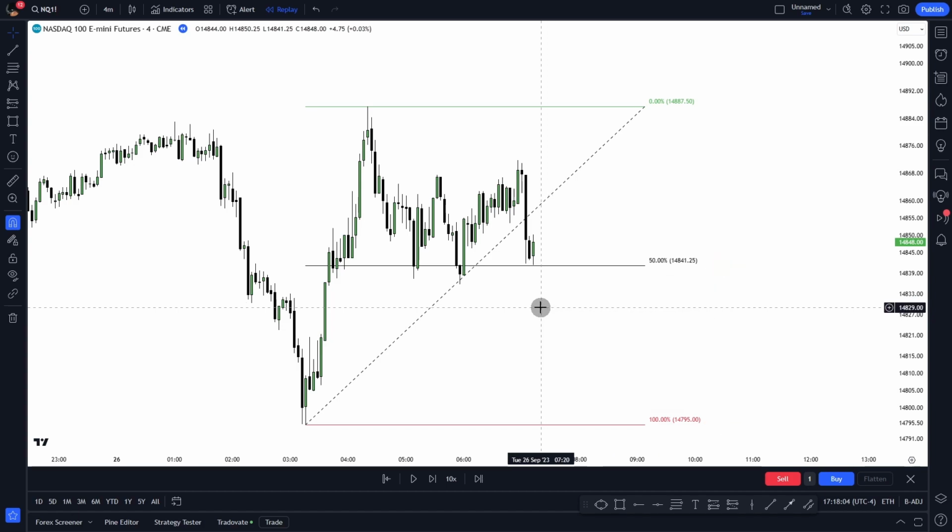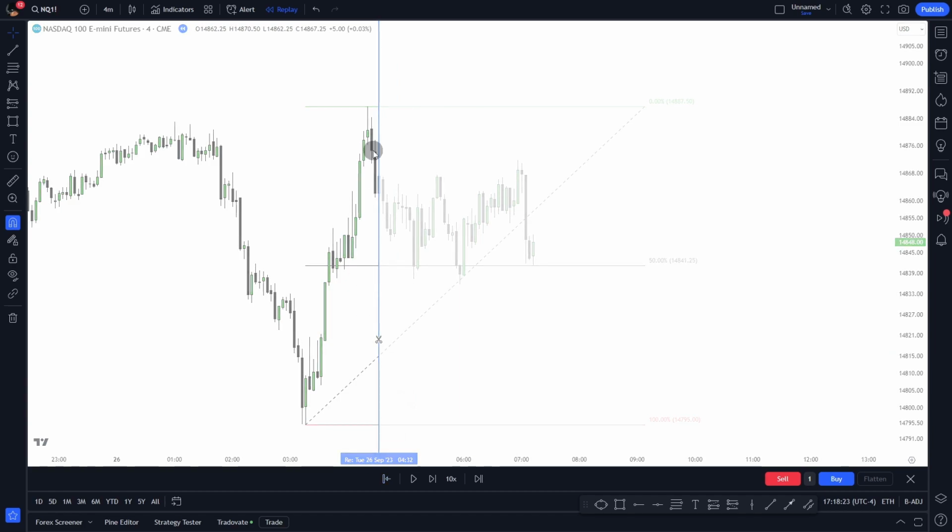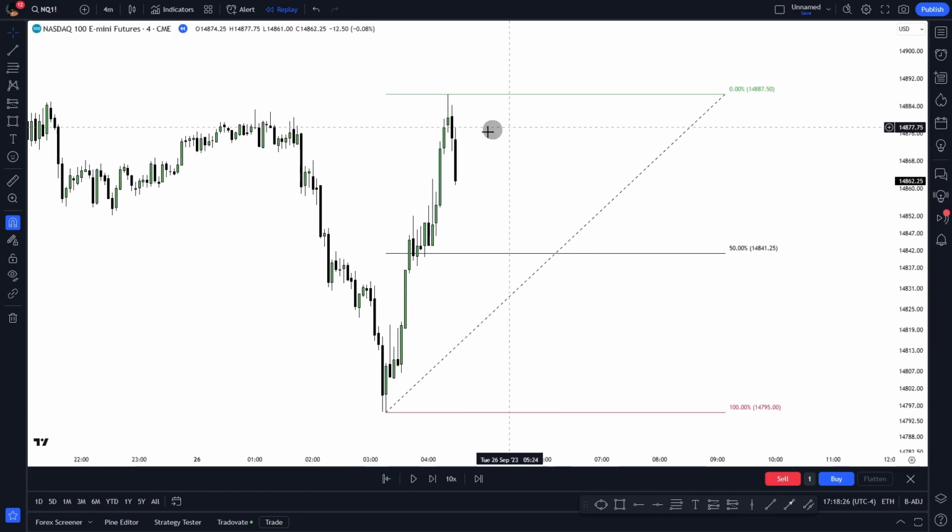Okay? And what you do is you draw the Fibonacci from the swing high to the swing low, or just from the lowest point of the range that you're trading to the highest point of the range that you're trading. So if we take this range right here as an example, let's say I wanted to place a trade up here, right? This is the range that I'm trading.